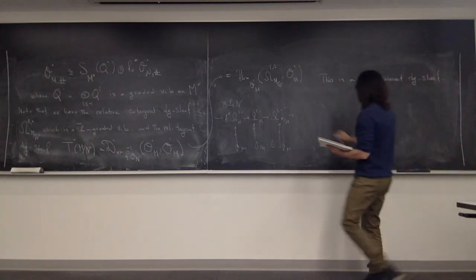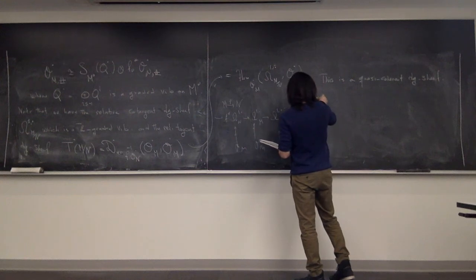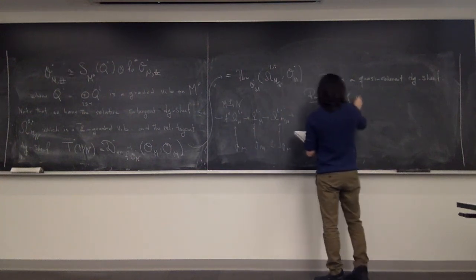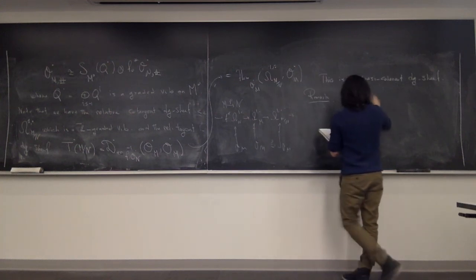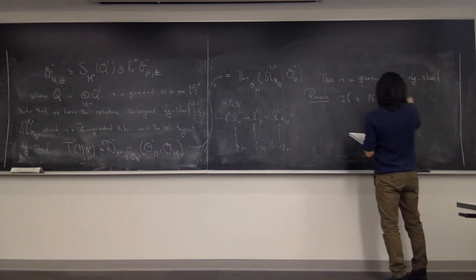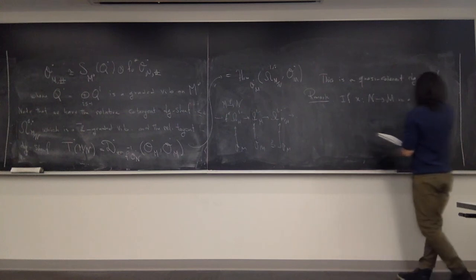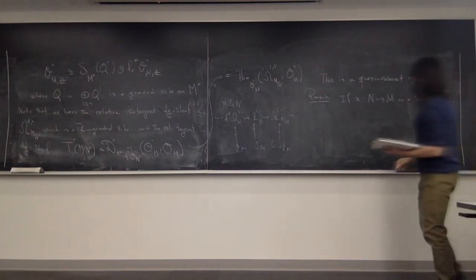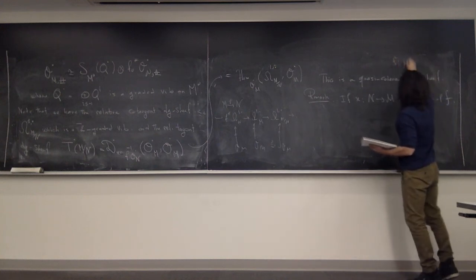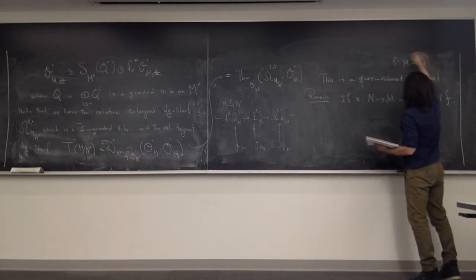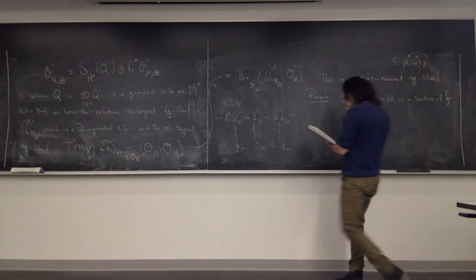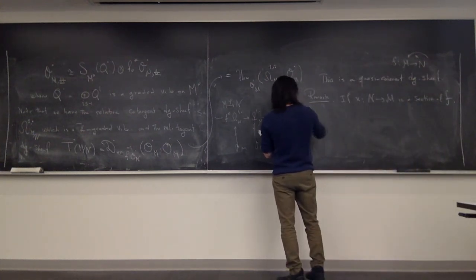So remark, if x from N to F is a section of F, and x is this way, then, so what does that mean?